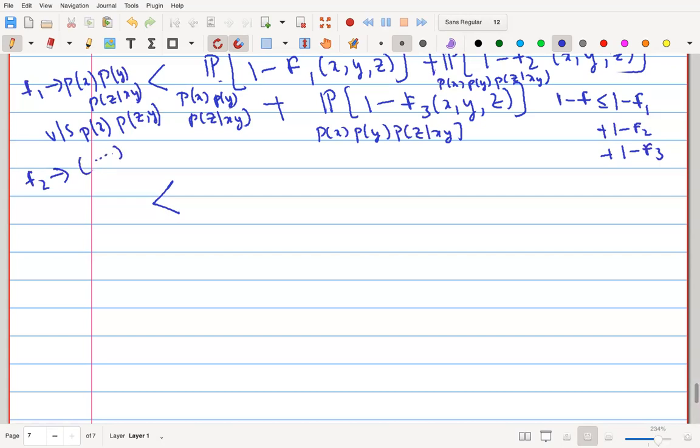You see, the positive hypothesis for f1, f2, f3 is the same: the joint distribution given by px, py, pz given xy. It is just the negative hypothesis which is changing. The negative hypothesis for f2 was py times pzx. And f3 has the same positive hypothesis versus the negative hypothesis px, py, pz. So these were the three hypotheses.